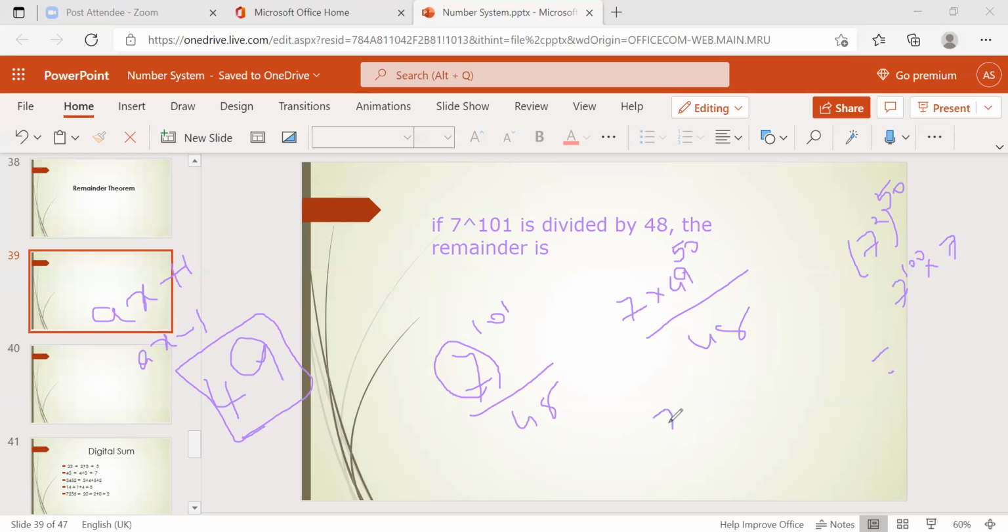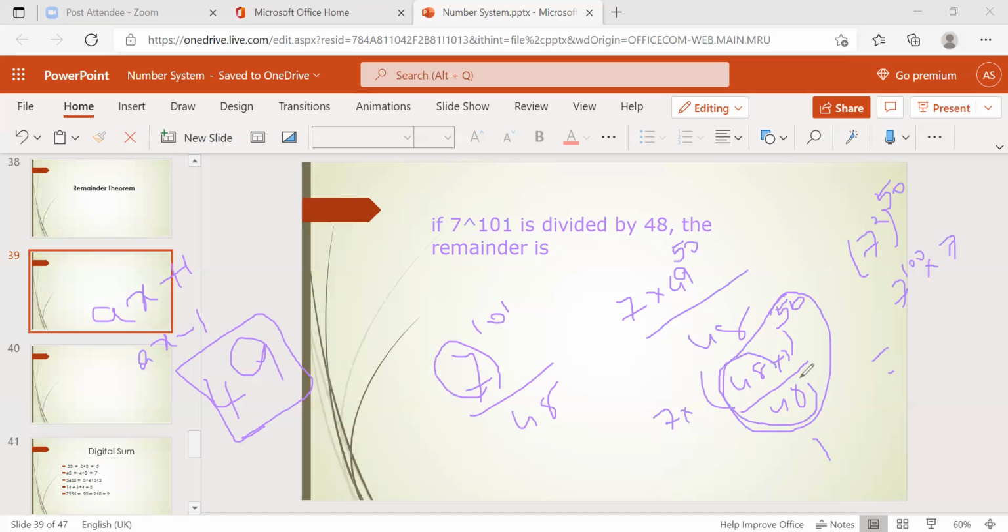So 7 into 49, and how did I write 49? 48 plus 1 whole power 50, right? By 48.